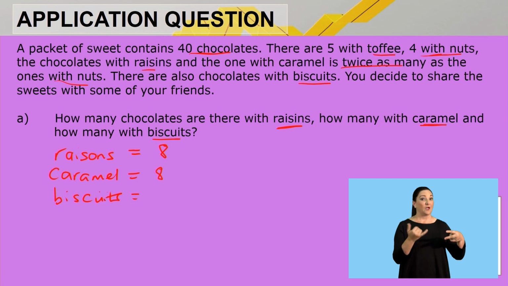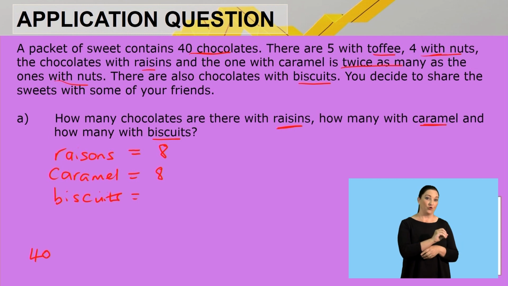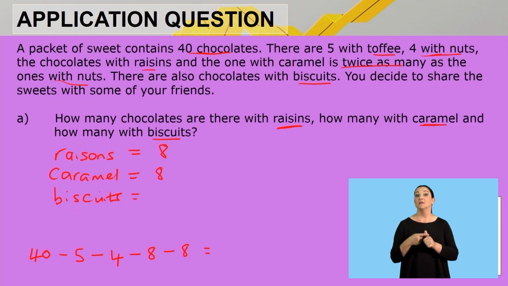So what needs to happen now? In order to find the ones with biscuits, remember, we have 40 in total. So I'm going to write this down here. 40 minus the 5 with toffee, minus the 4 with nuts, minus the 8 with raisins, minus the 8 with caramel. That should give us the total amount of the ones with biscuits.